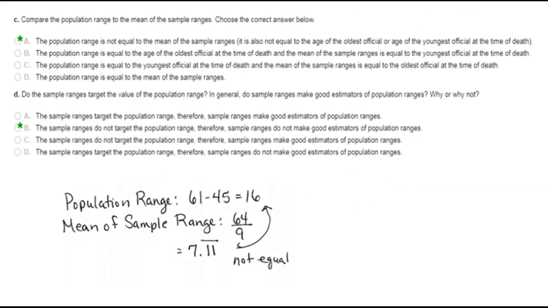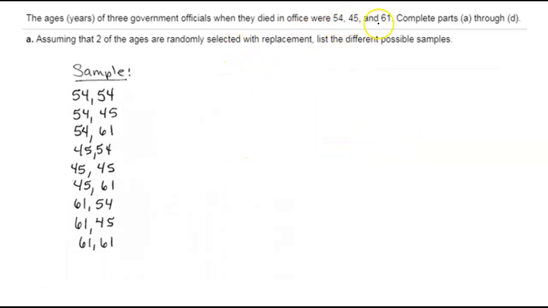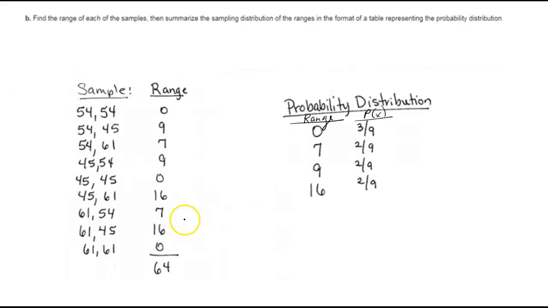Okay, so compare the population range to the mean of the sample ranges. If we go back and look at our values here, if we consider the range, we're going to be subtracting 61 minus 45, which gives us a range of 16. If I look at the mean of the sample ranges, if I add all these ranges up, I get 64.